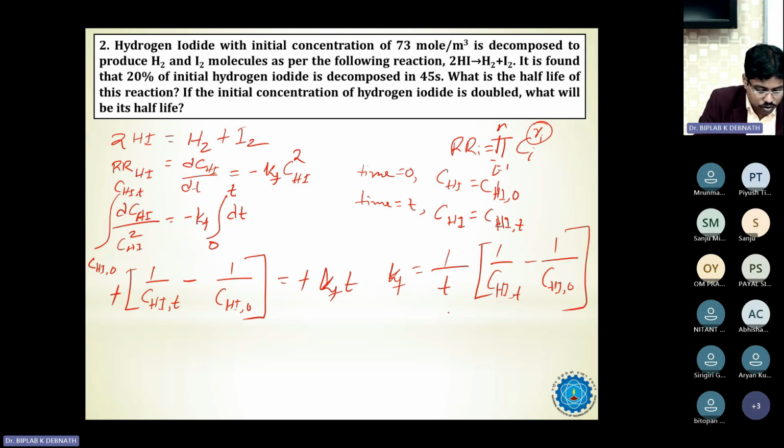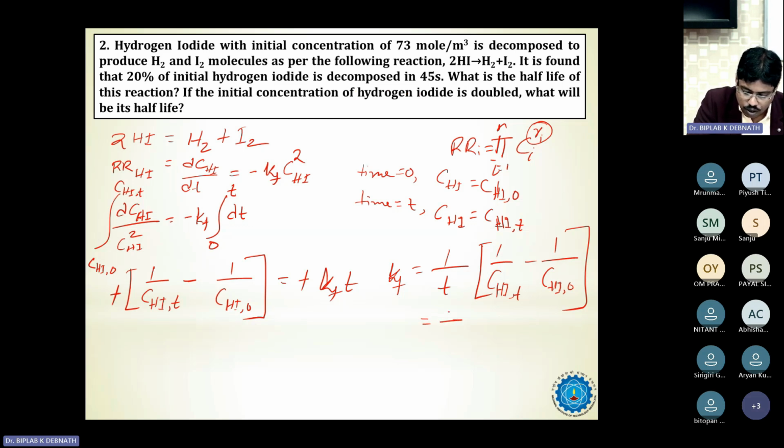Okay. So if this is the case, then from here, what is told is that hydrogen iodide with initial concentration of 73 mole is decomposed to produce H2 and I2 molecules as per the following reaction. It is found that 20% of the initial hydrogen iodide is decomposed in 45 seconds.